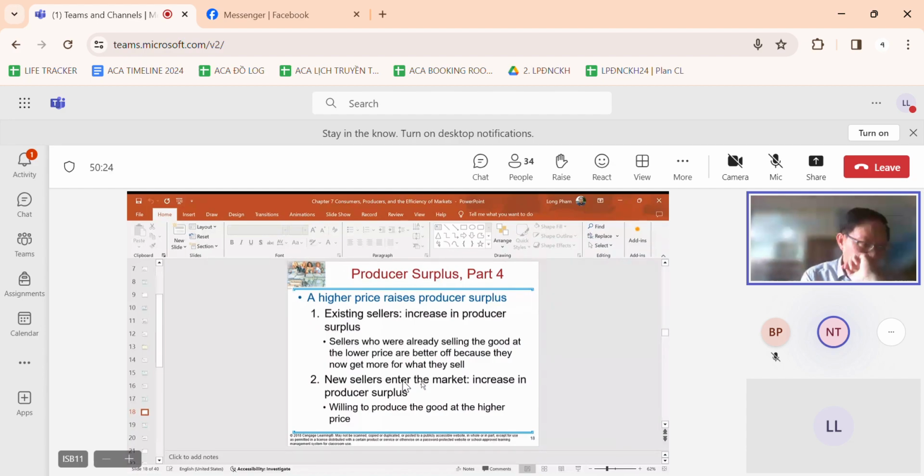For example, a seller with a cost of $500 will have more benefit compared to sellers who produce their goods at $900. And the second reason is more sellers enter the market. That means more sellers are willing to produce the good at a higher price.